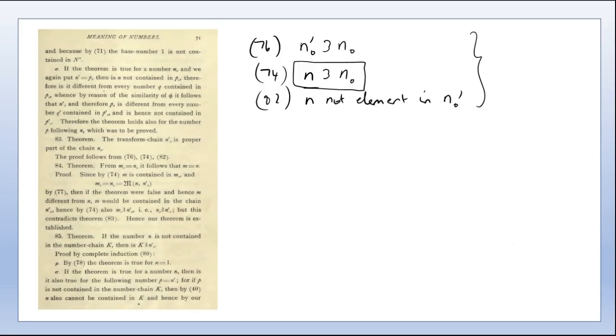So N0 primed is a part of N0, but there is an element n which is not an element of N0 primed, but which is an element of N0, and therefore N0 primed is a proper part, by definition, of N0, which is what we needed to prove, right? Okay.